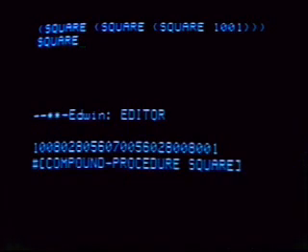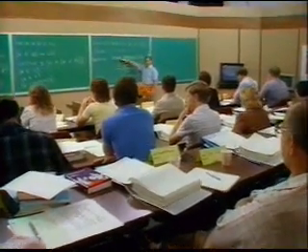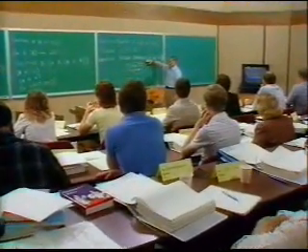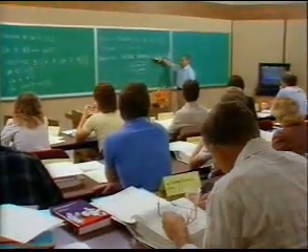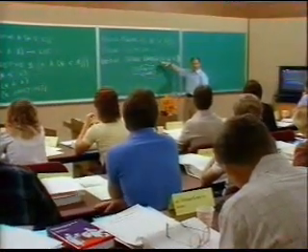And there's the answer. Or I can say to Lisp, what is square itself? What's the value of that? And Lisp returns some conventional way of telling me that that's a procedure. It says compound procedure square. Remember, the value of square is this procedure, and the thing with the stars and the brackets is just Lisp's conventional way of describing that.